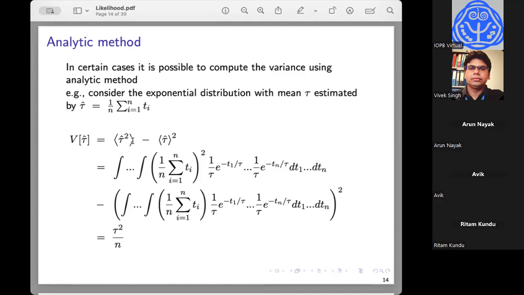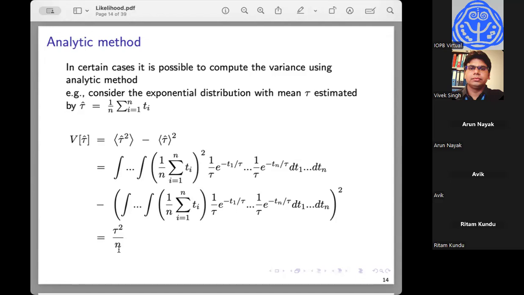From the definition of the variance, which is the expectation of tau hat squared minus the square of the expectation of tau hat, if you rewrite it and expand it properly, you can calculate it. Again, this is a small exercise for you to do this full calculation, and you should get tau squared by n. If you simply expand this integration, you will get it.